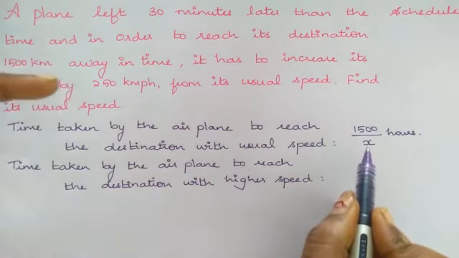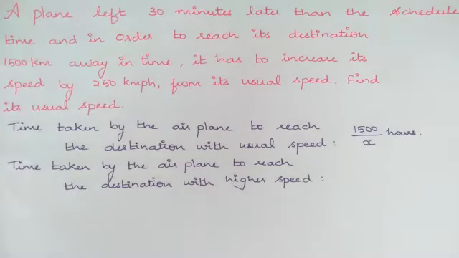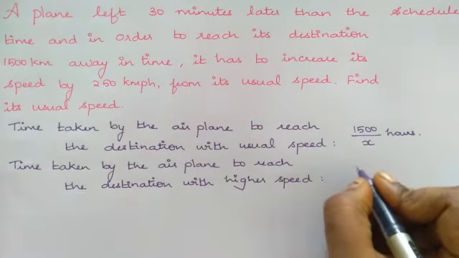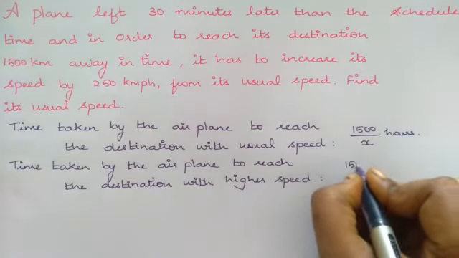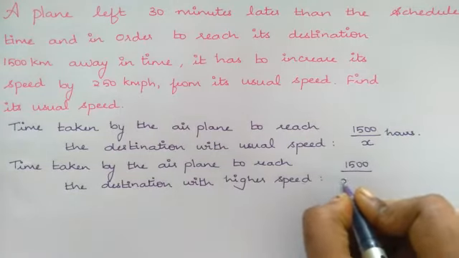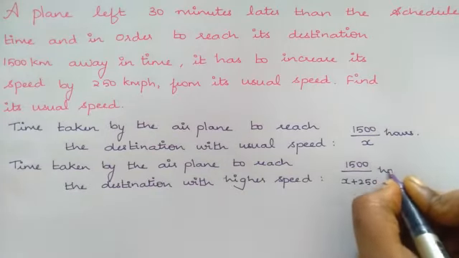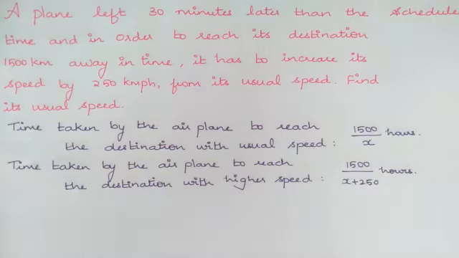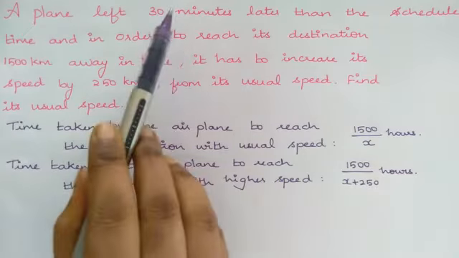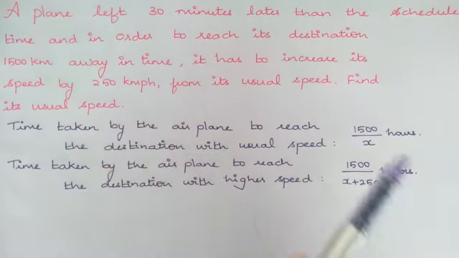So x plus 250 will be the higher speed, that is the new speed now. So again it's distance by speed: the same distance with the higher speed x plus 250, 1500 by x plus 250 hours.